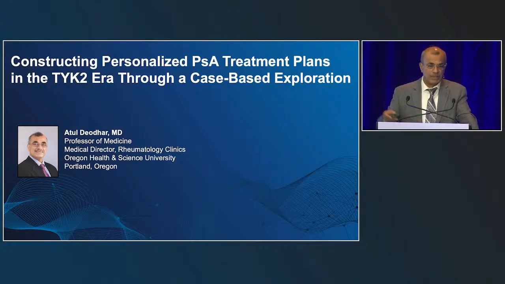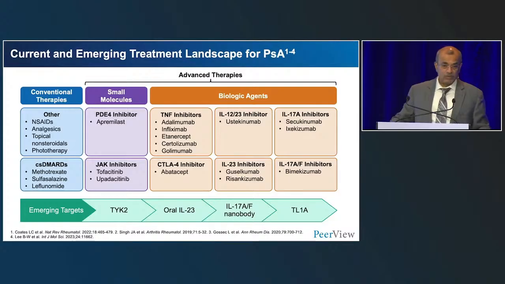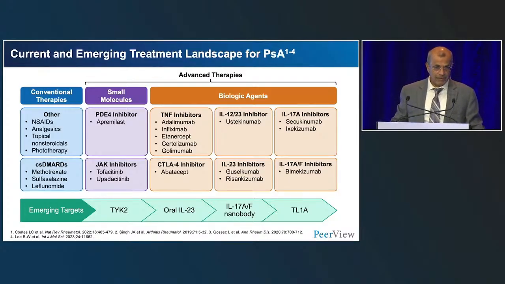So these are the therapies that we currently have available to treat psoriatic arthritis. This side, of course, is the conventional therapy, but if you add all these small molecules and biologic agents, these are 15 of them. Take my word for it, I counted them. We have 15 different small molecule and biologic agent therapies.